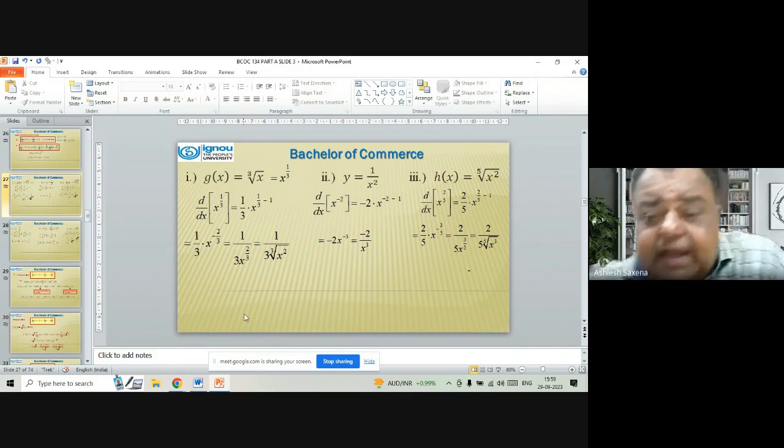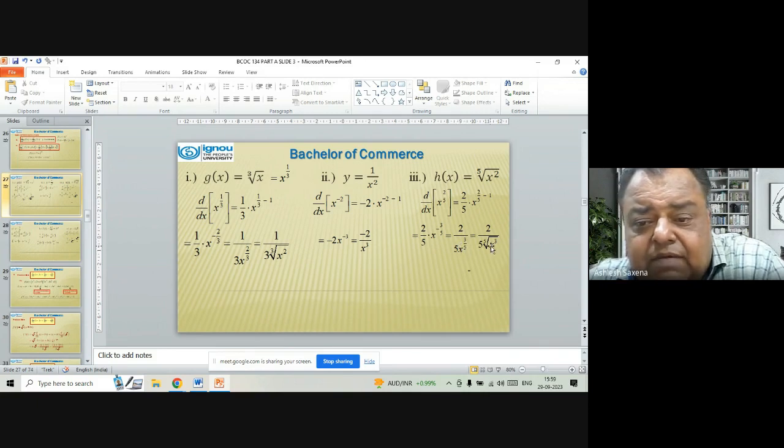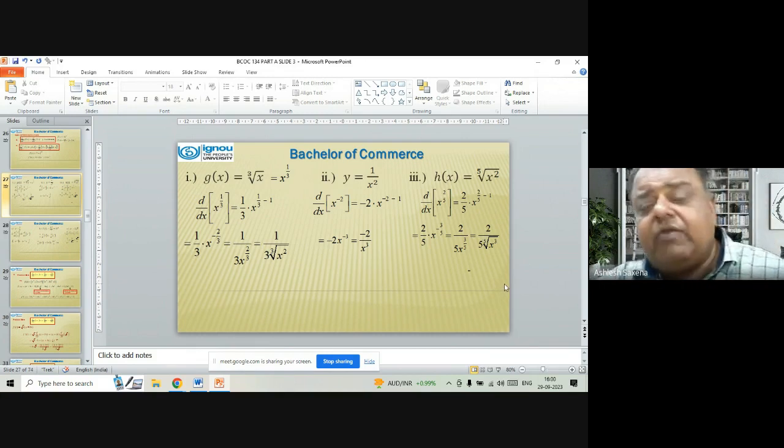So I will be getting 2 by 5 times x raised to the power minus 3 by 5. Coming down, bring it down. This will be the power, and then make this power 5 at the fifth root. This is the third type of problem of solving the derivatives.